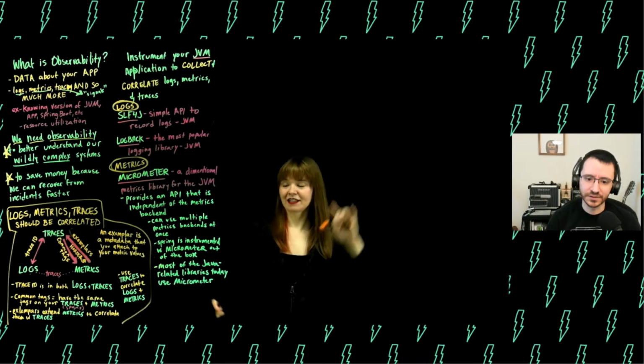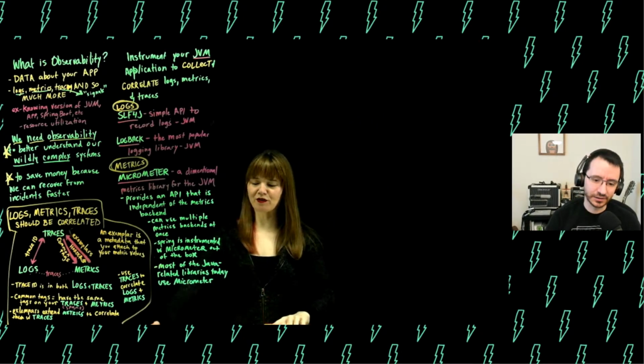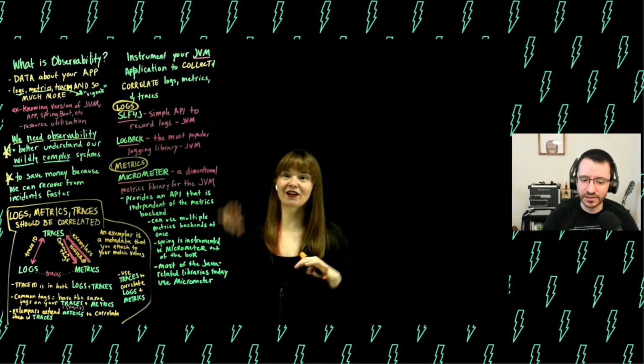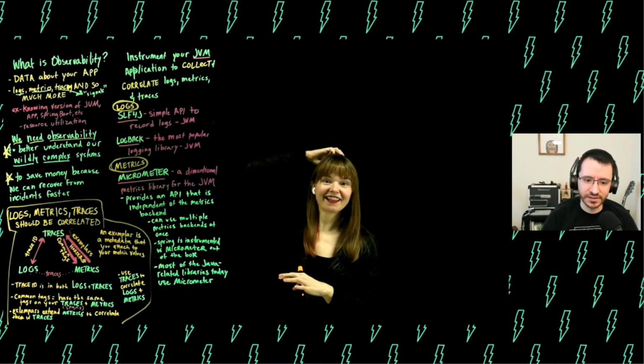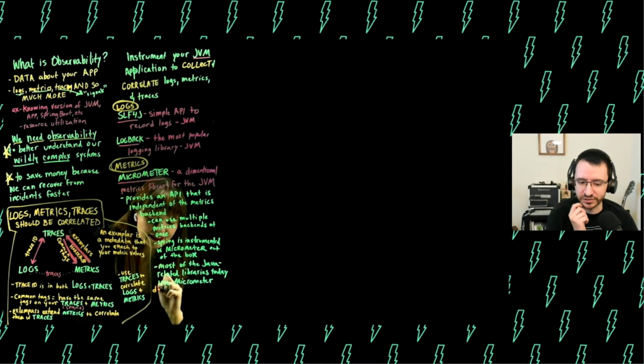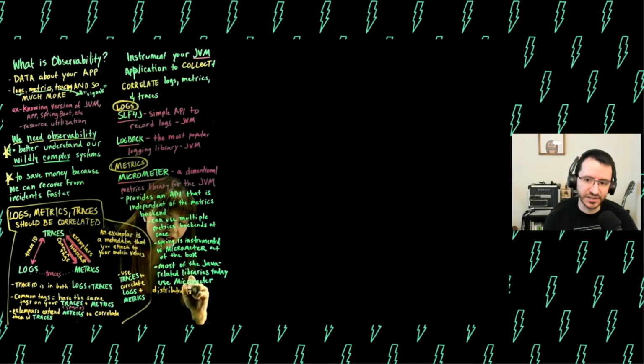Quick question. Is this enough room to write about tracing, or should I start a new column for tracing? Is it a little thing or a long thing? I believe that's fine. Because what I would like to record there is basically the name of the project, which is Micrometer Tracing, and two libraries that you can use with it.